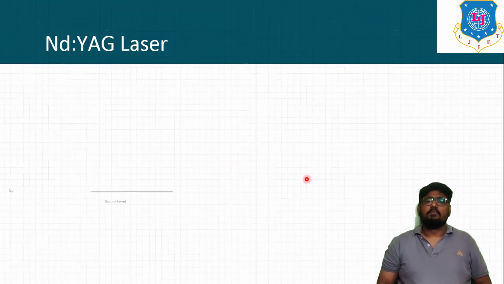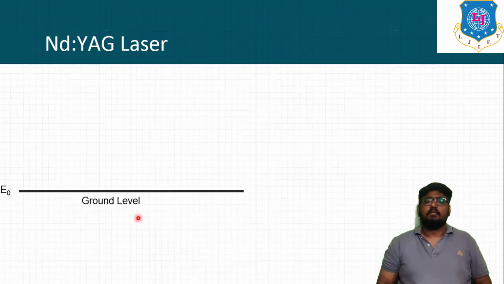So over here, as you can see, here is the ground level, that is E0. E0 is the ground energy level. Okay.